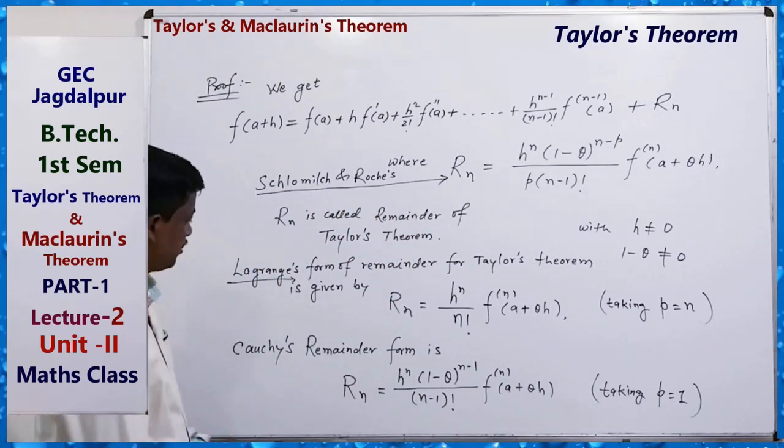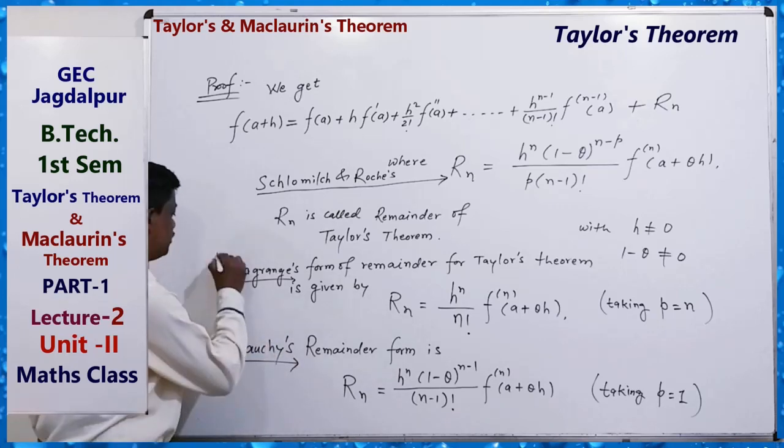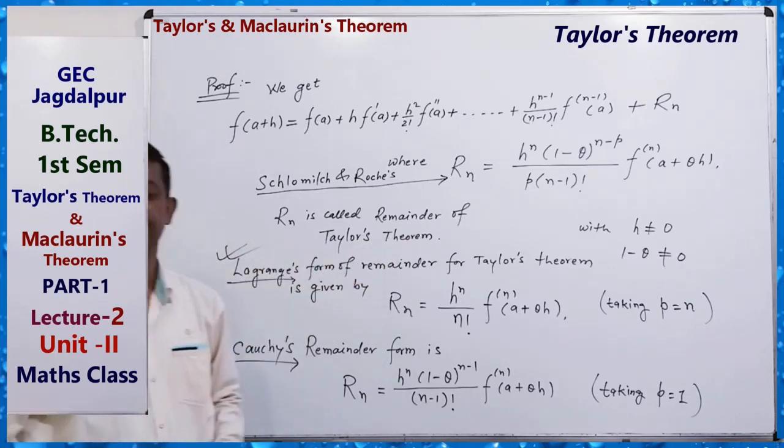This is Cauchy's remainder. We will always use Lagrange's form of remainder for Taylor's theorem.